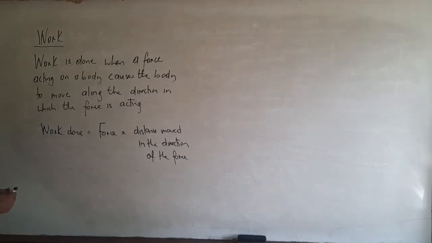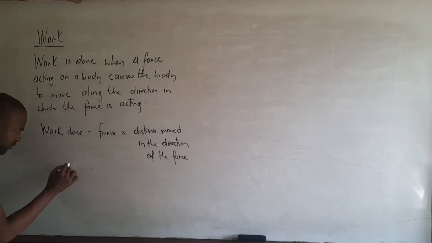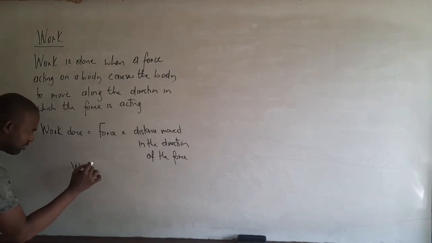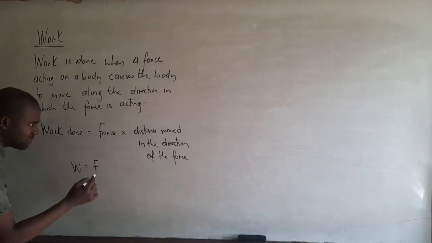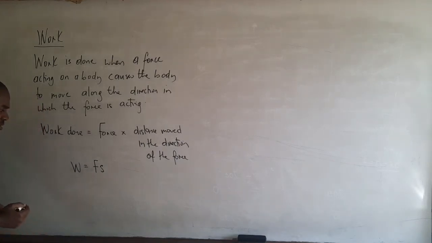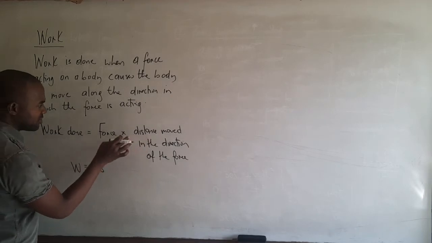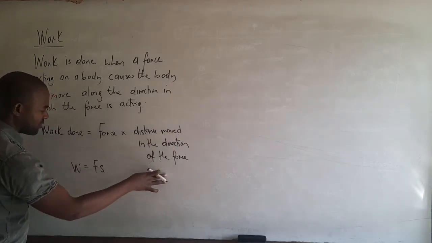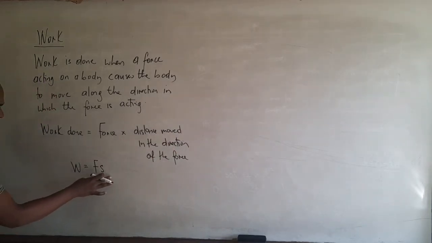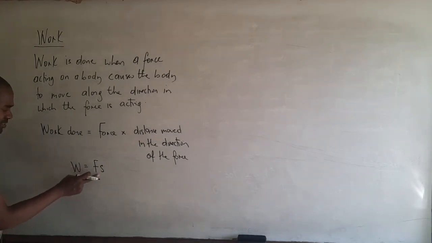So your symbol for work is typically W, and the symbol for force is F, and for distance or displacement, S. So the equation for calculating work done is equal to force times distance moved in the direction of the force, using the symbols W is equal to Fs. Now the SI unit of force is the Newton, and the SI unit of distance is the meter.